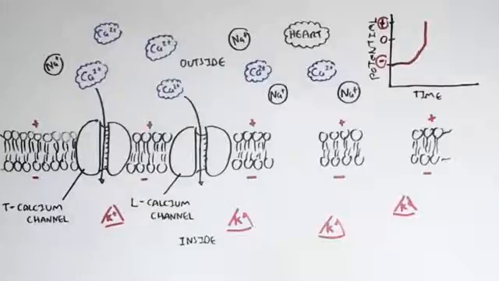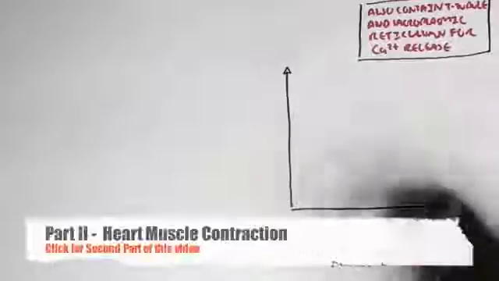Now, what's important to know and understand is that when these ion channels close, this will cause the ions to move back to where they came from, either via a pump or via some other means. And so the movement of these ions back to their original location will obviously change the membrane potential. Keep that in mind. So I hope you understand how the membrane potential changes within the heart cells. And so now we can go back into our main diagram and look at the action potential of a cardiac muscle cell and the changes in the membrane potential.